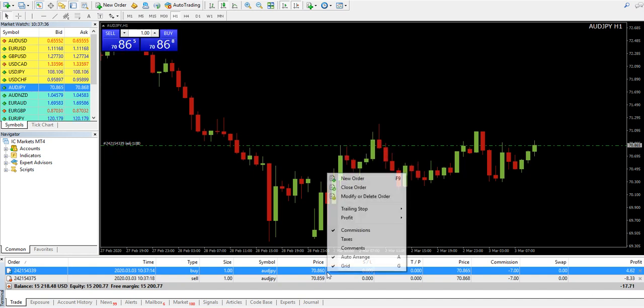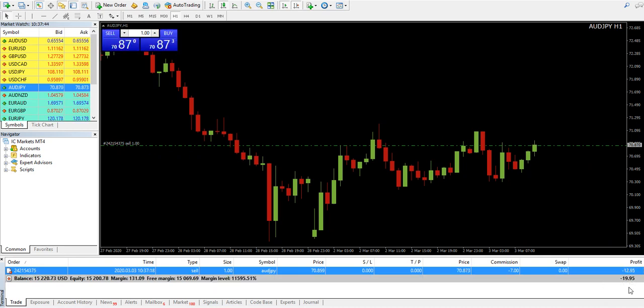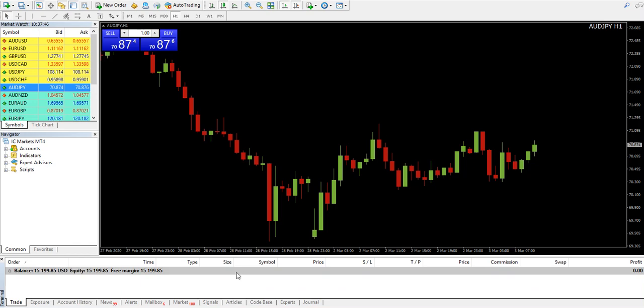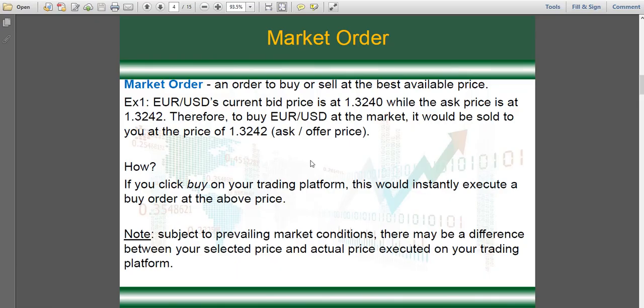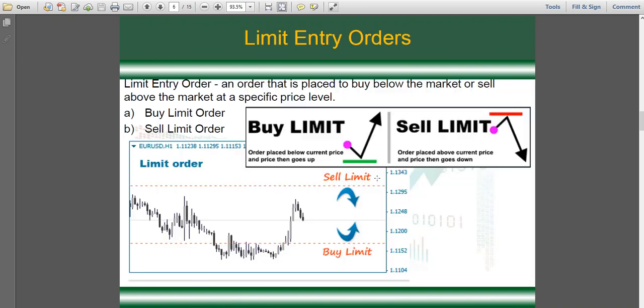You can either choose right click close, or there's a tiny X at the end. Just close there, and the two trades are closed. So that is it with market entry. You buy at the current price or you sell at the current price.